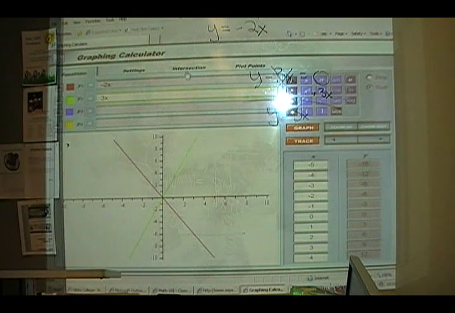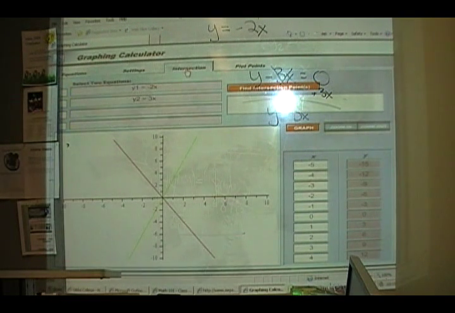The neat thing with the online graphing calculator is that you can click on intersection to find out where they intersect. You do have to choose the equation. So you can see over here where I'm pointing, you have to click on both of those boxes. Then you say find the intersecting point, and it'll tell you that the intersecting point is 0, 0. That's called the origin.